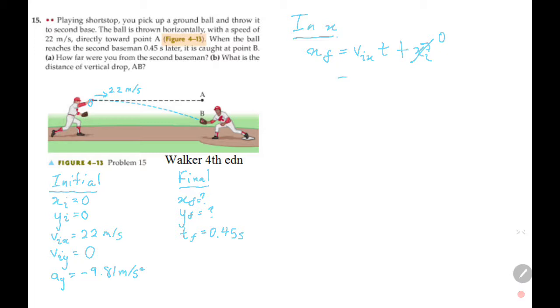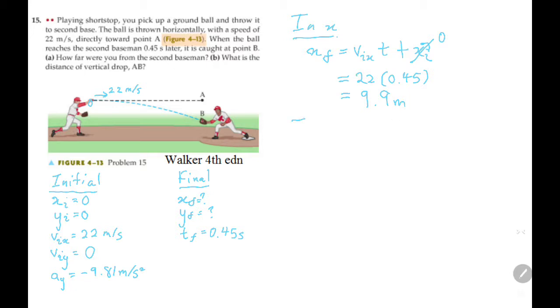So all that remains is the initial velocity in the x direction, which is 22, times the time that it took for it to reach the catcher, and that is equal to 9.9 meters. So we have solved for question A, where it says how far were you from the second baseman. It's actually 9.9 meters.